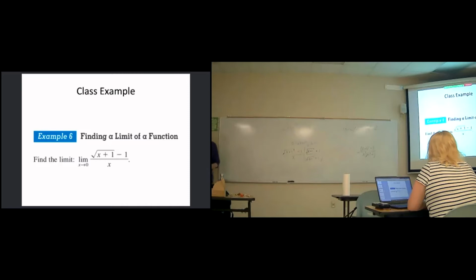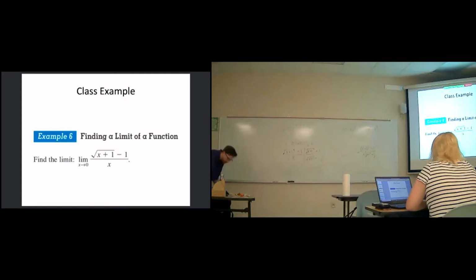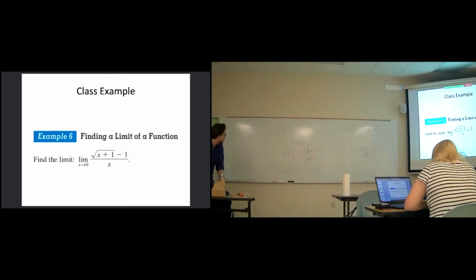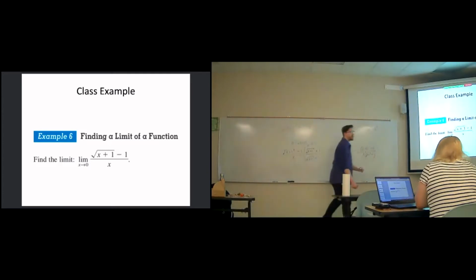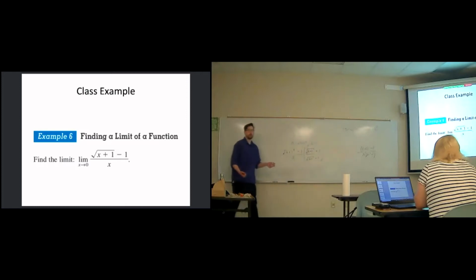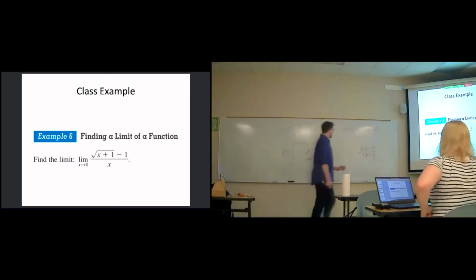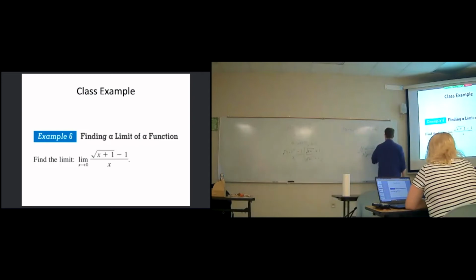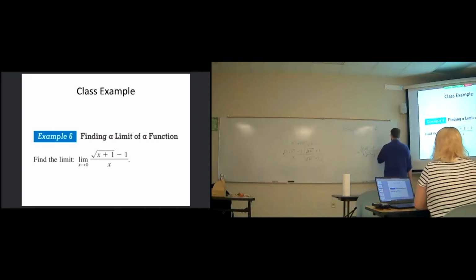Now we've got a bunch of cancellations here. In particular, these two ones are going to cancel when we drop the parentheses, right? So what we're going to end up with is x divided by the quantity x times the quantity square root of x plus 1 plus 1.